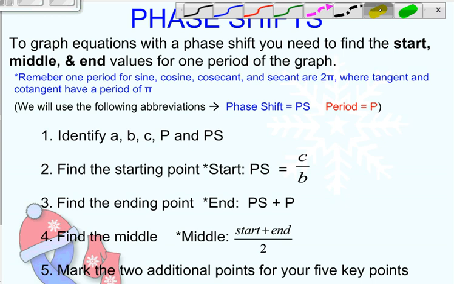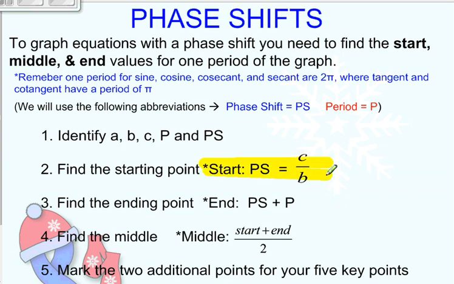We get the start by doing C over B. Then from the start, we find our end by adding our period to our phase shift. Then we find the middle by adding those together and dividing by 2. And we'll look at that in the next example.